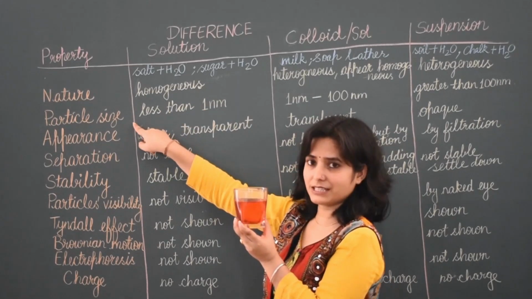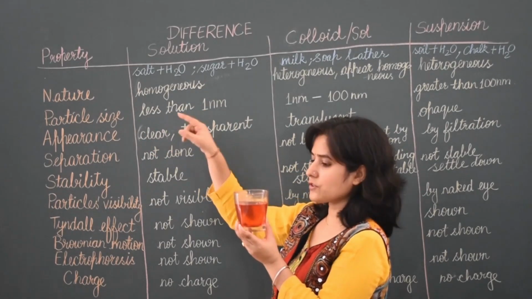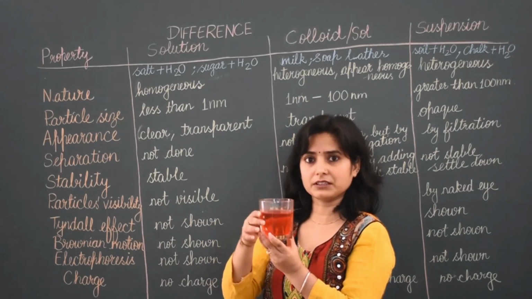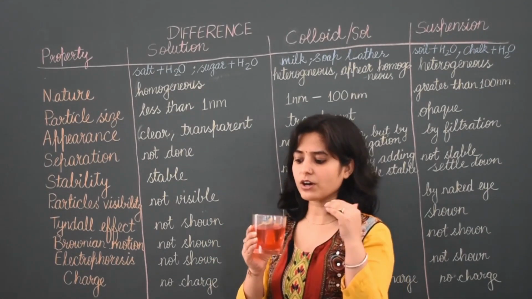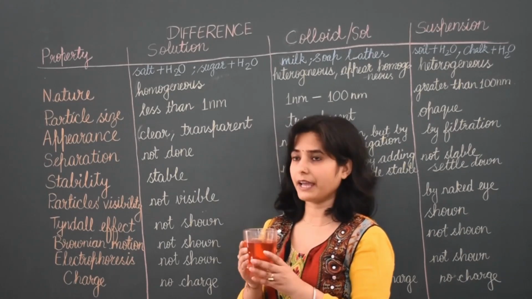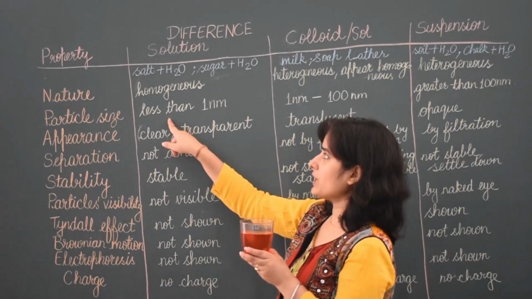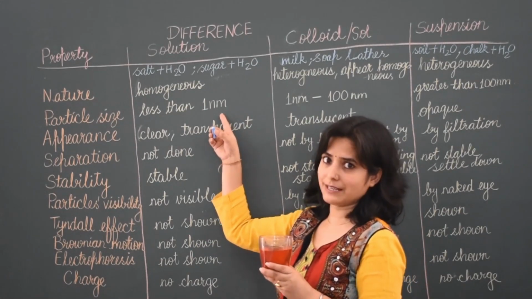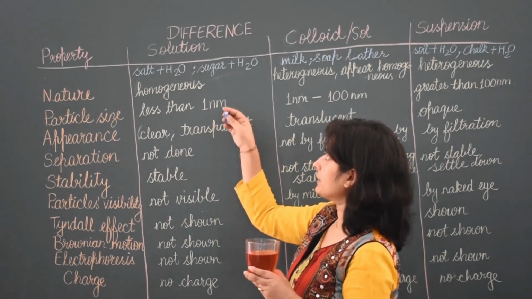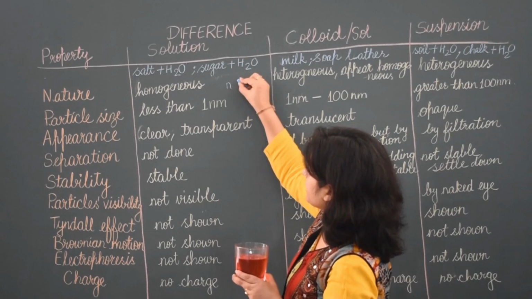Second one, particle size. What is the size of the particles which are making this solution? These particles are very small because we cannot see them with the naked eye. Their size is about 1 nanometer or less. What is a nanometer?